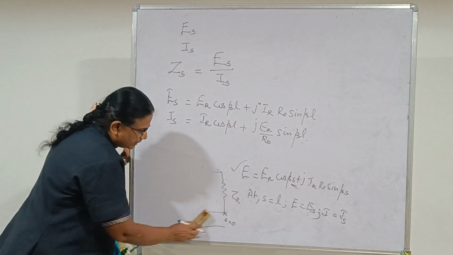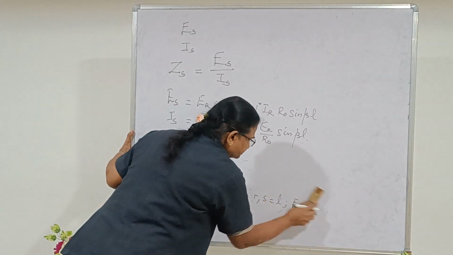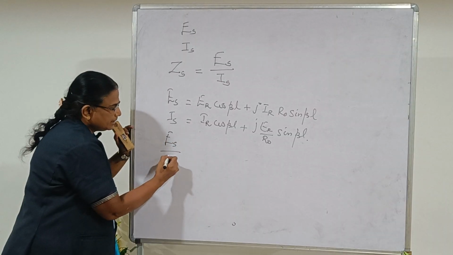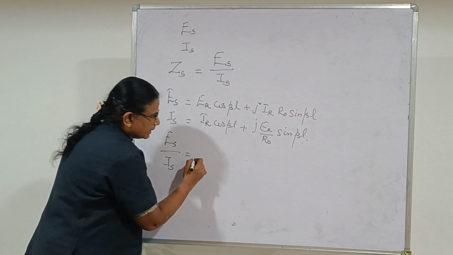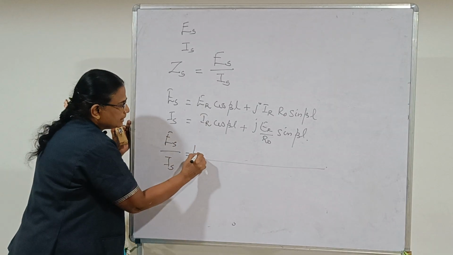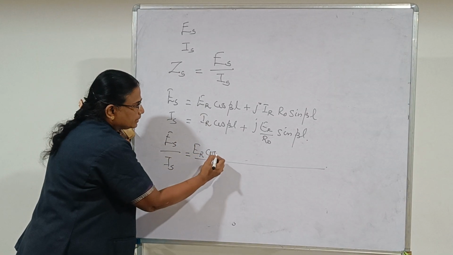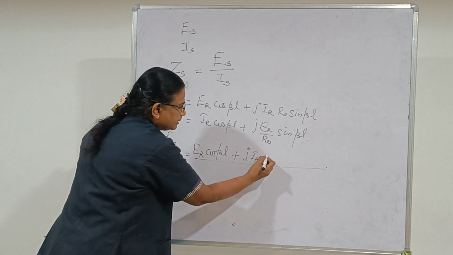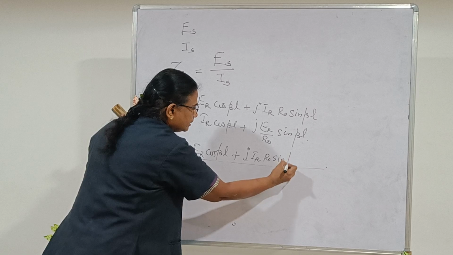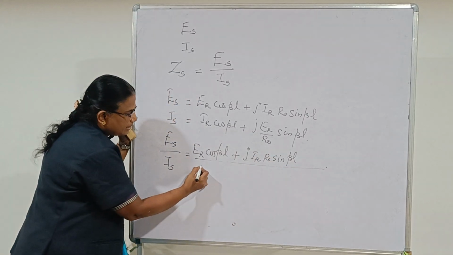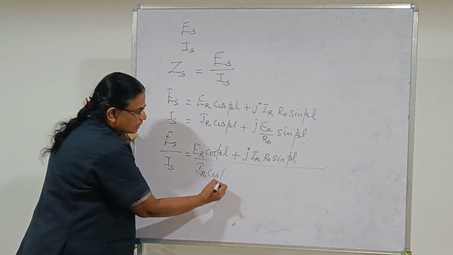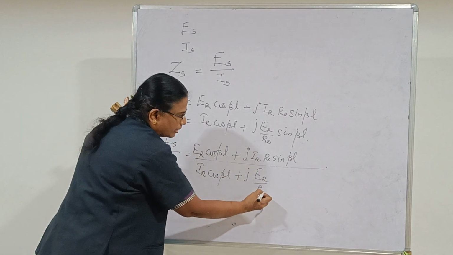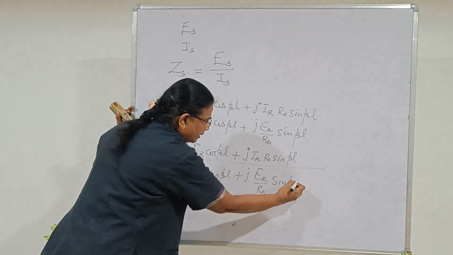So ES by IS is ER, the receiving end voltage, into cos beta L plus J into IR R naught sin beta L, divided by IR cos beta L plus J ER by R naught sin beta L.